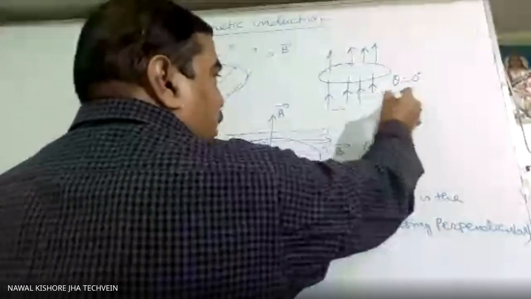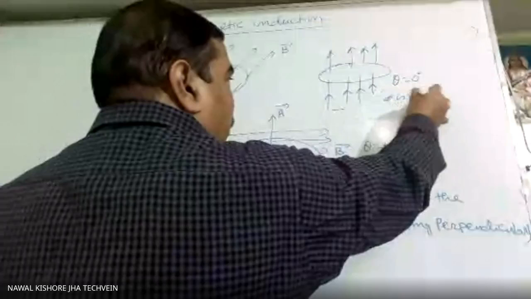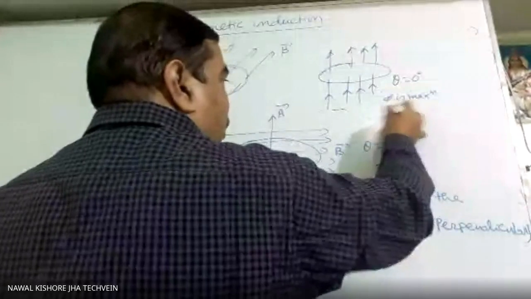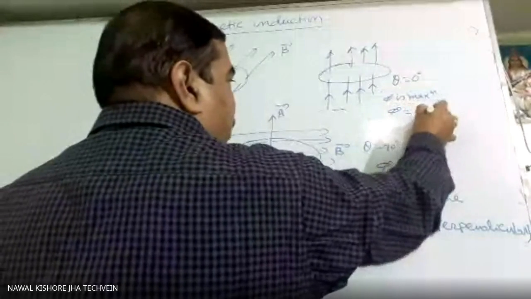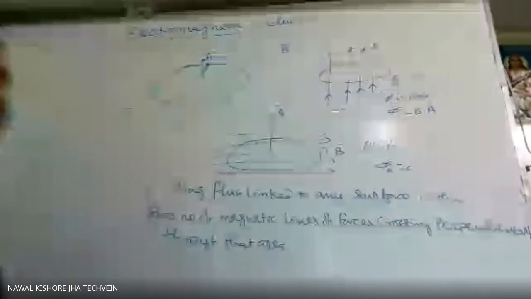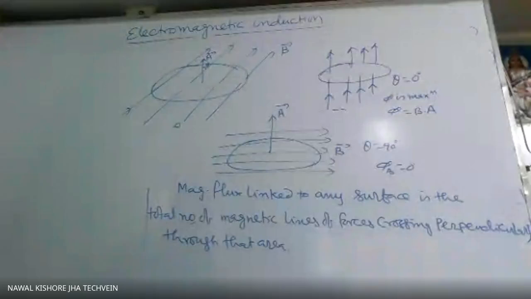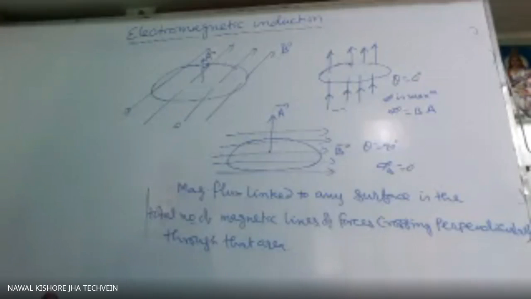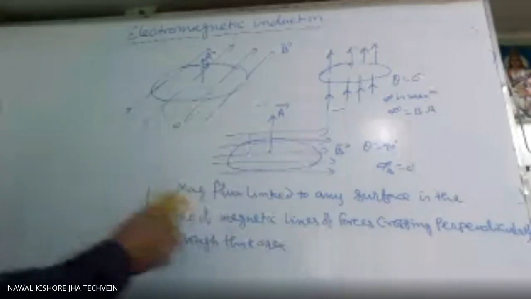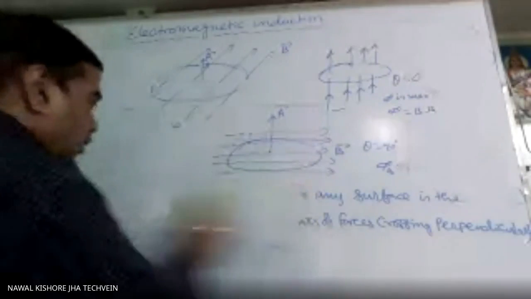Here flux is maximum, and this flux will be B into A simply, cos 0 is 1. Okay, so we have already done all these things. Just a quick revision of this magnetic flux.